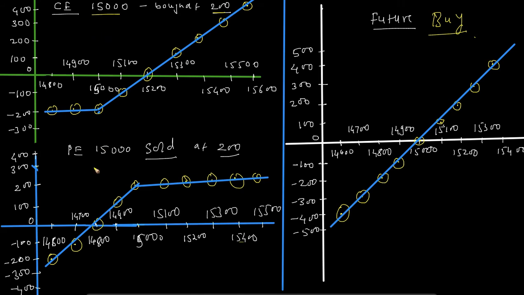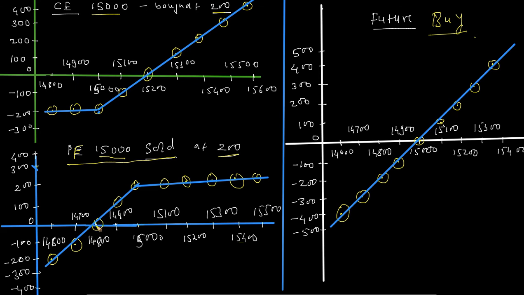Now, this graph is for selling a put option. This is a put option seller's graph. The break-even point for this put option is the strike price minus the premium which we got, so that is 14,800. It's the break-even point.